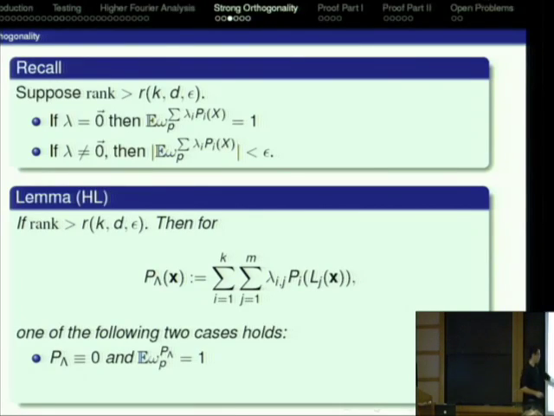Either you have complete cancellation and this is the 0 polynomial, so P omega is 0, and then of course this average will be 1, or the average is small. Either you get 1, or we get something very small.